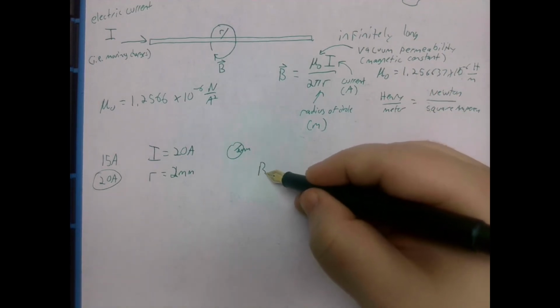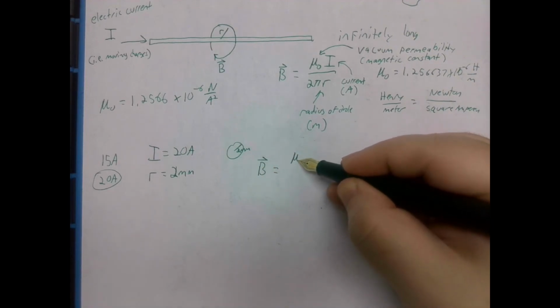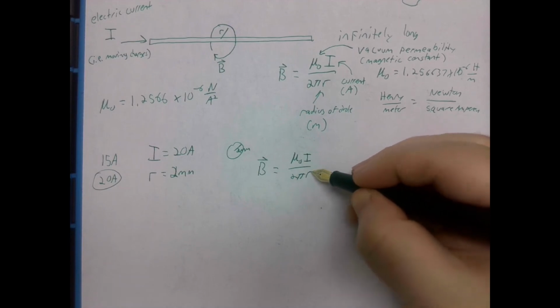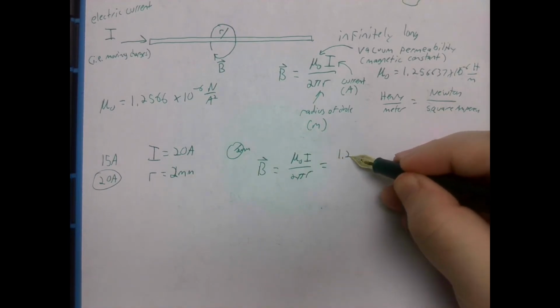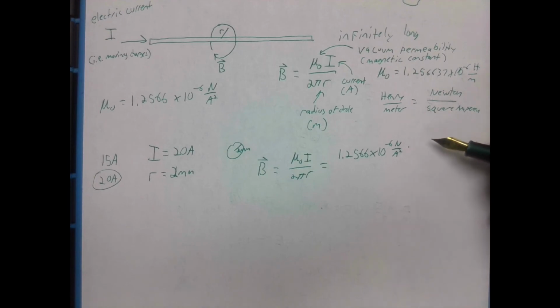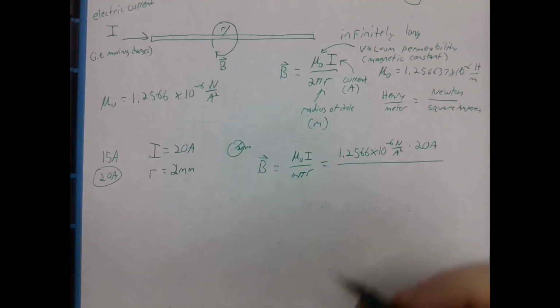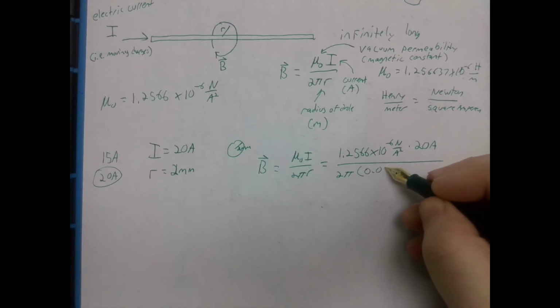So that means the magnetic field strength at 2 millimeters away from the center of the wire would be equal to this. So that would be 1.2566 times 10 to the negative 6 newtons per ampere squared, times the current. The current is 20 amps. And 2 millimeters, so 2 times pi times 2 millimeters, or just divide by 1,000, 0.002.